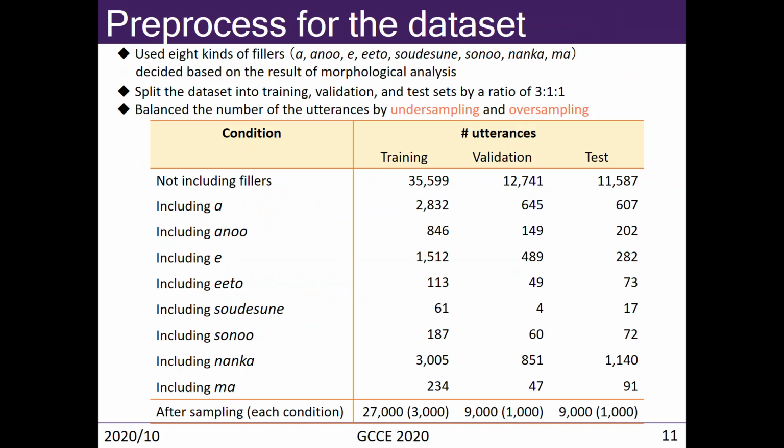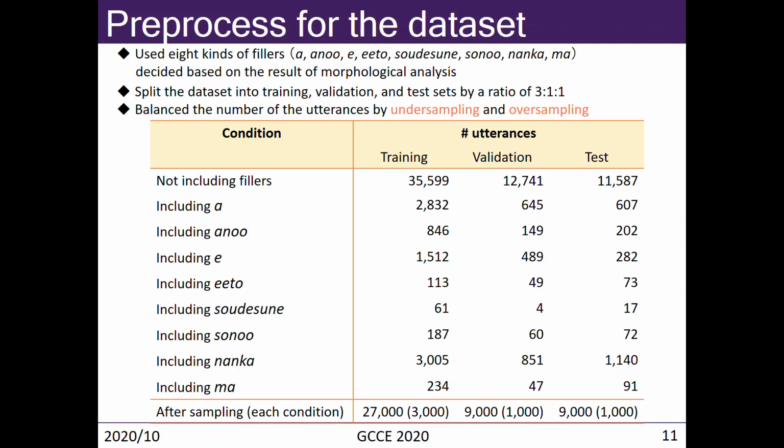Here, we used 8 kinds of fillers, and these fillers are based on the result of morphological analysis. Then, we split the dataset into training, validation, and a test set by a ratio of 3:1:1.